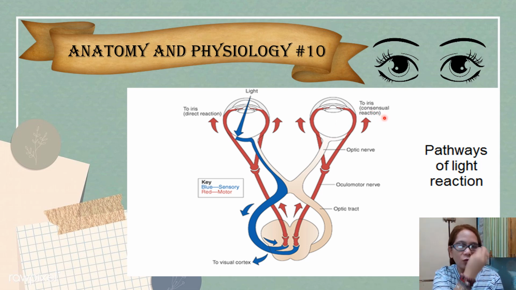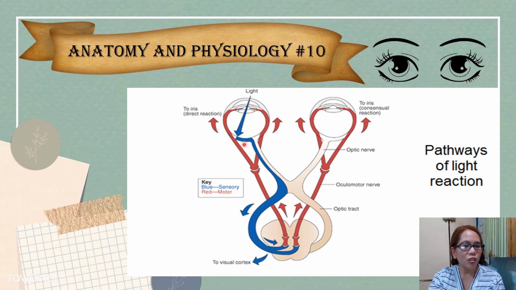It becomes smaller. Even if you shine the light only on the left eye, you notice it constricts, and not only that, the right eye constricts too. This is called the direct reaction to light. In the contralateral or opposite eye, it is called the consensual reaction to light.